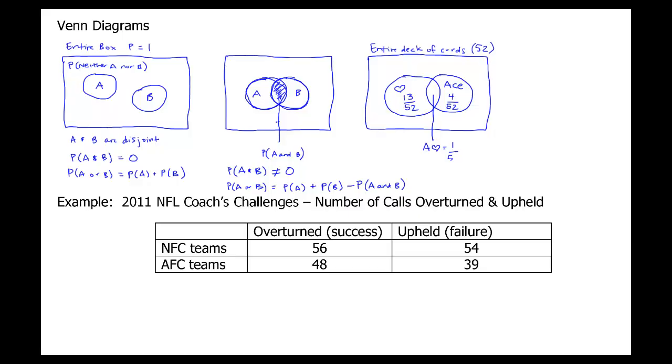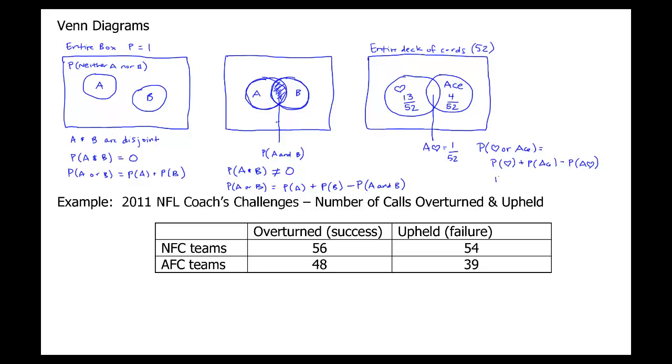out of 52. So if we were to calculate the probability of drawing a heart or an ace from the deck, we would want the probability of drawing a heart plus the probability of drawing an ace minus the probability of drawing the ace of hearts, because we don't want to double count it.